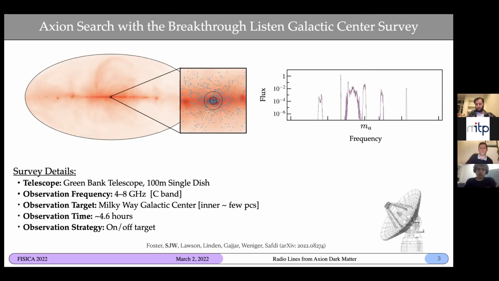Now, because we're going to be looking at the galactic center, you don't expect to see a single neutron star within the field of view. In fact, you probably have hundreds of thousands of neutron stars in your field of view. Most of these neutron stars will not allow for resonant axion photon conversion. So in principle, you really expect on the order of, say, 10 to potentially hundreds of neutron stars to generate these individual spectral lines.